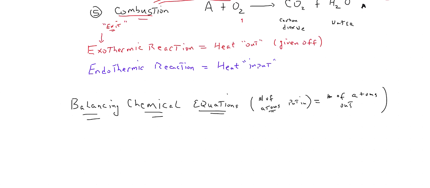So if you have 12 carbon atoms going in, you must have 12 carbon atoms coming out. They can be in different molecules, but the number of atoms has to be the same. If you have 6 nitrogen atoms going in, you must have 6 nitrogen atoms going out.